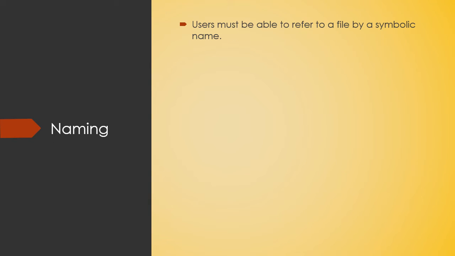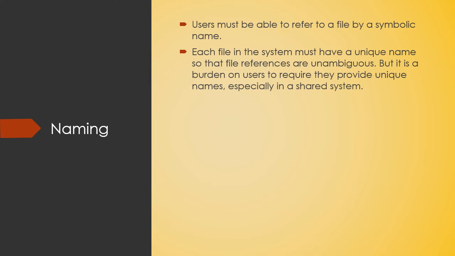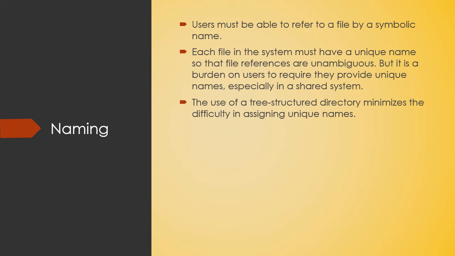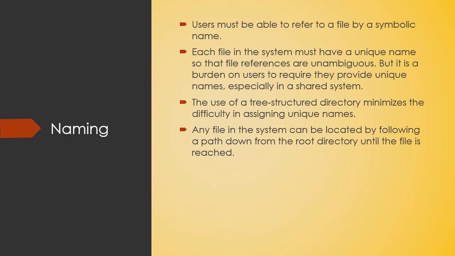Users must be able to refer to a file by a symbolic name. Each file in the system must have a unique name so that file references are unambiguous. But it is a burden on users to require they provide unique names, especially in a shared system. The use of a tree structured directory minimizes the difficulty in assigning unique names.